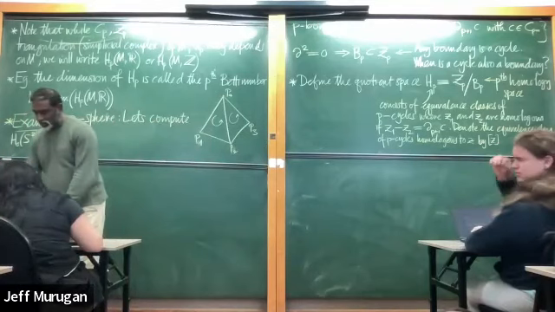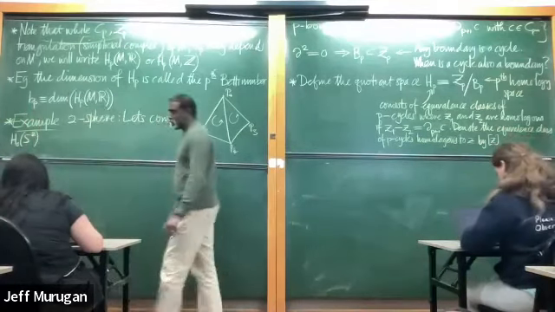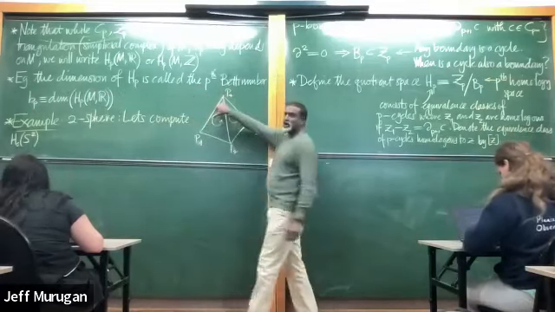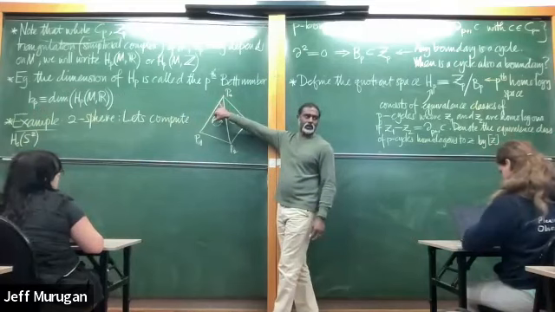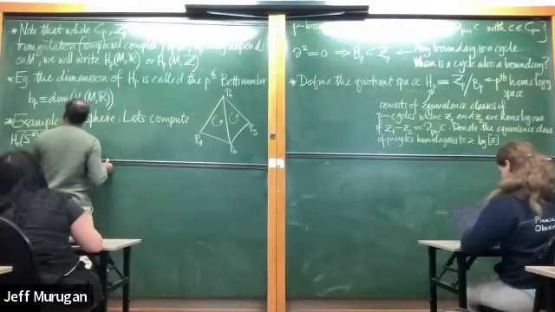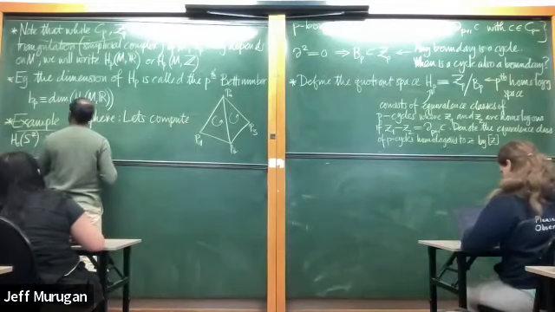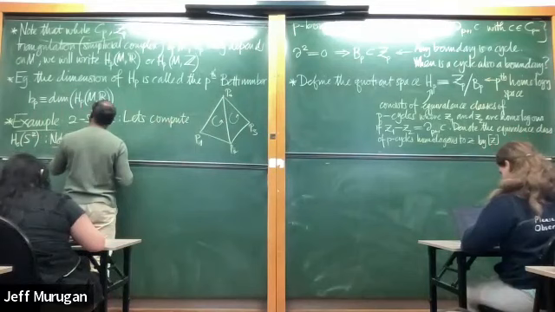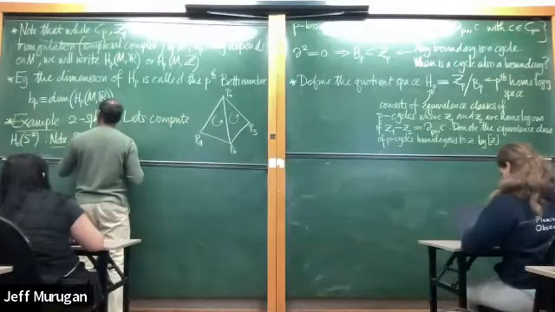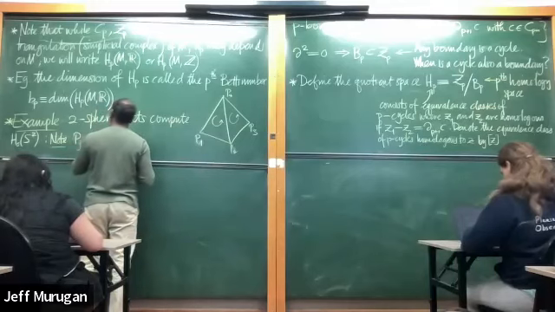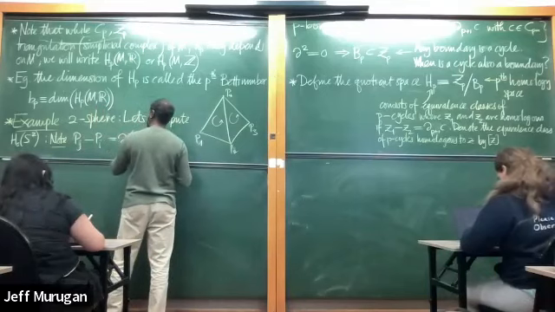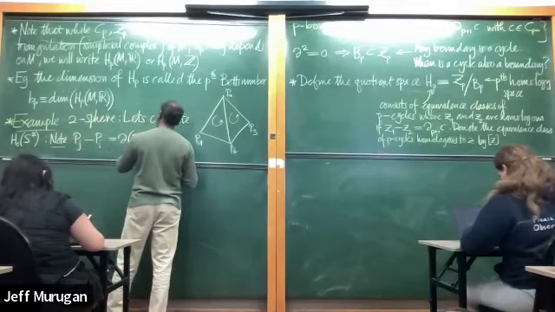To this end, I would like you to note that any vertex is homologous to any other vertex because they both lie at the ends of edges. They're the boundaries of edges. So the first point to note is that Pj minus Pi is the boundary of PiPj.